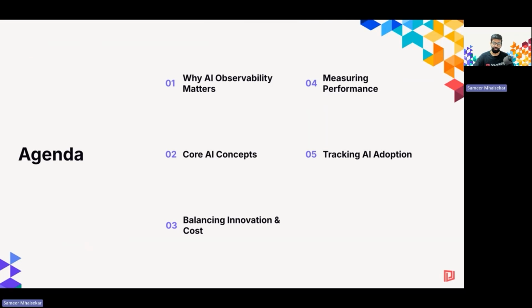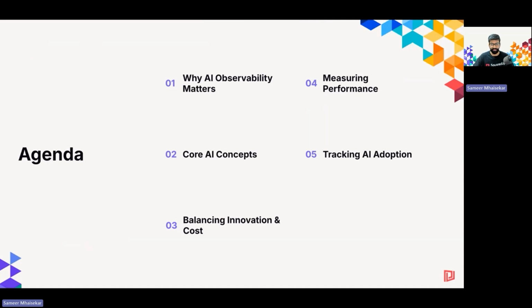Then we'll look at how to actually measure AI performance. It's not just about whether your models work, but how well they are working and how you can spot issues before they become problems. And finally, we'll wrap up with tracking AI adoption: how to know if your teams are really using these tools and what you can do to drive better adoption across your organization.